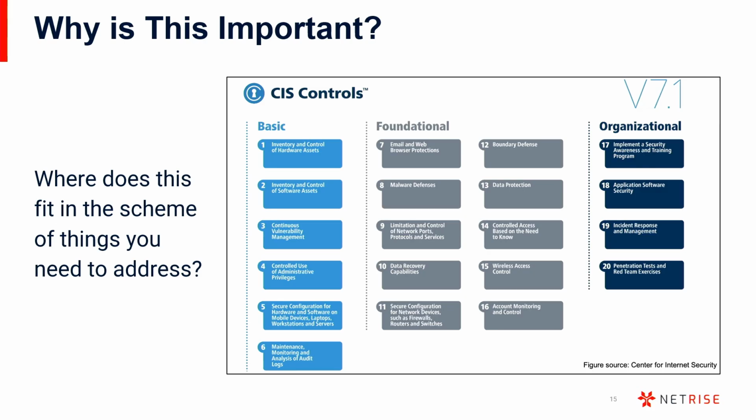I've never met a single company that does not have a malware defense solution. But number 2 is inventory and control of software assets. I've never met a company that had a total software inventory. So if these are in priority order, how do we have number 8 but not number 2? And the answer is we just really haven't had a way to do it for the most part.